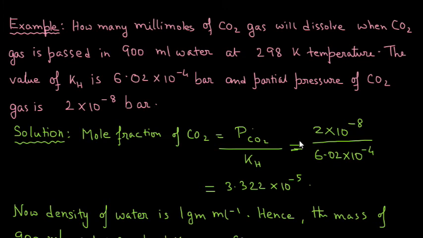So mole fraction of CO2 is PCO2 upon KH. This came from Henry's law. Putting the values, we get 2 into 10 to the power minus 8 upon 6.02 multiplied by 10 to the power minus 4, which gives us 3.322 into 10 to the power minus 5.